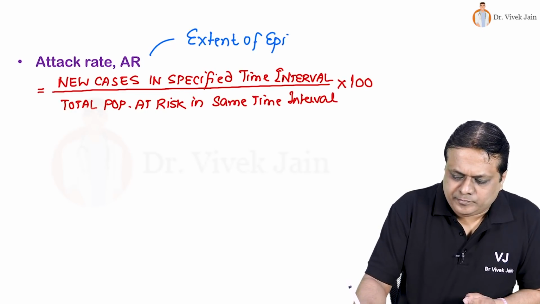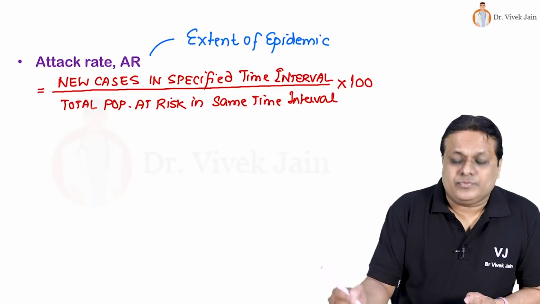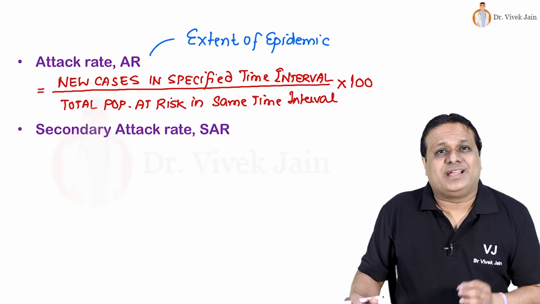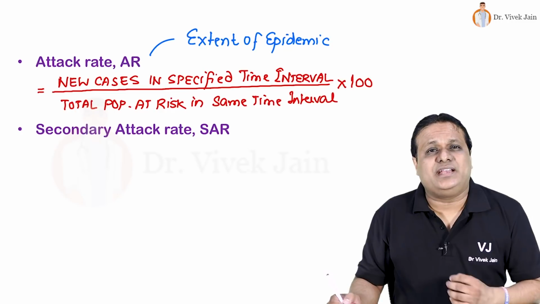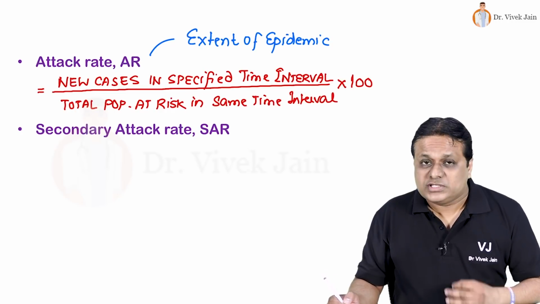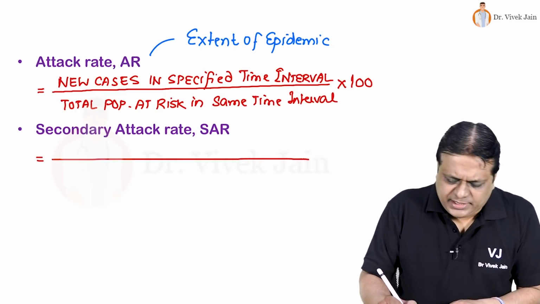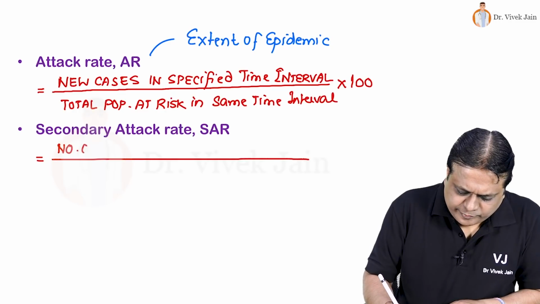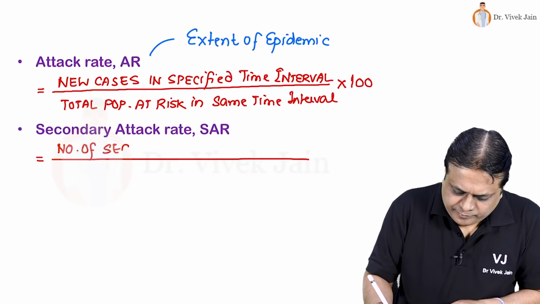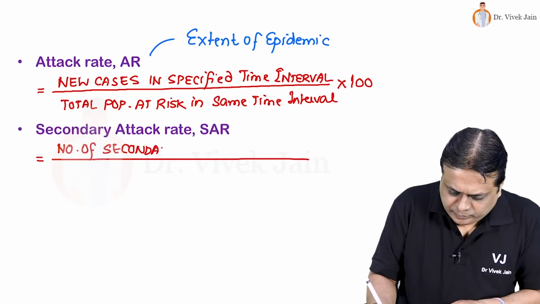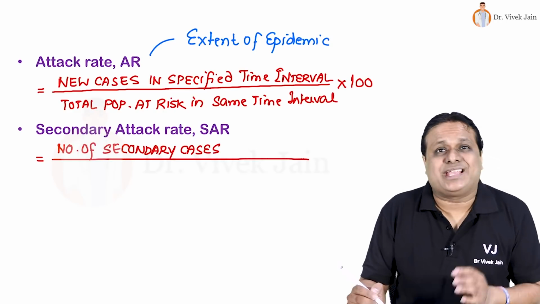In contrast, when you look at SAR, that is secondary attack rate, how do we calculate? What is the formula we use? Numerator is the number of secondary cases.